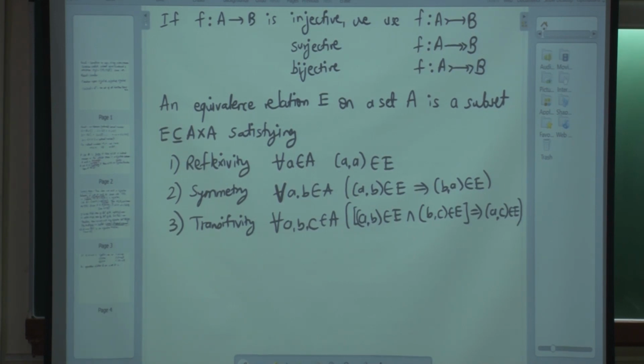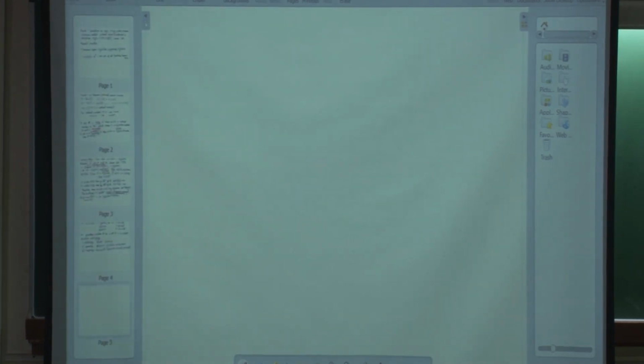I am going to give you one such example. Any questions about this? All of you know equivalence relations? We will discuss equivalence relations in detail in the next week, most likely.